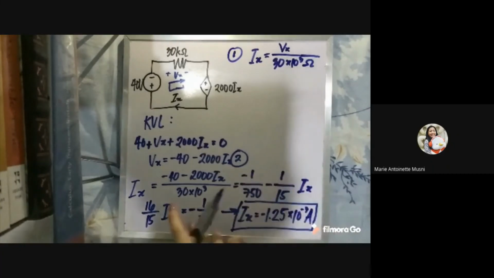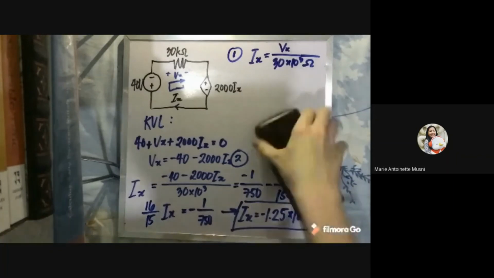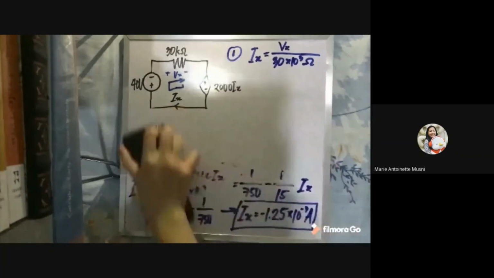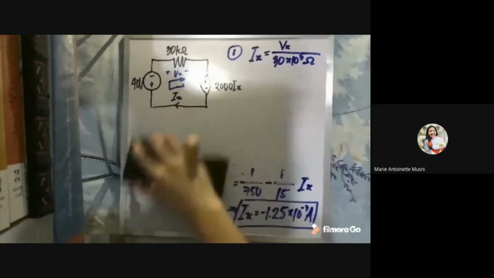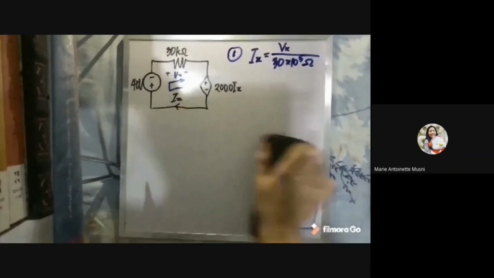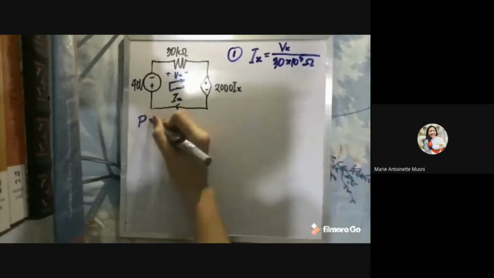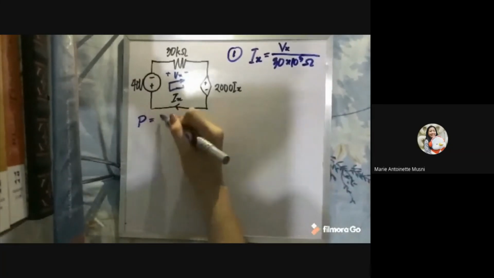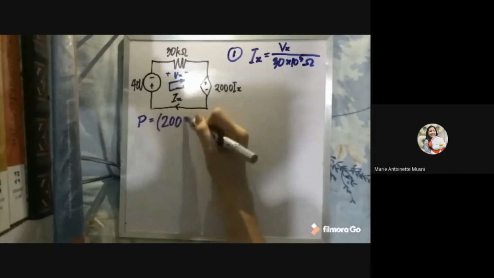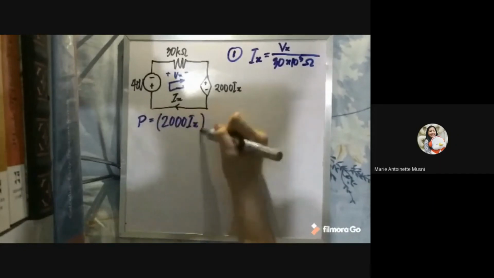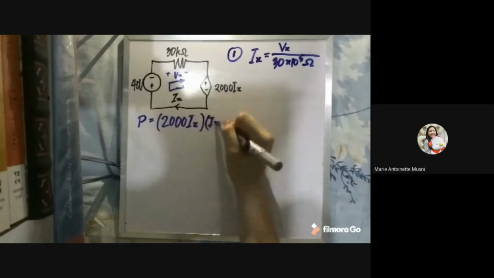Now that we have our Vx and Ix, we can solve for power, which is simply P equals Vx times Ix. So P is equal to 2000 Ix times Ix.